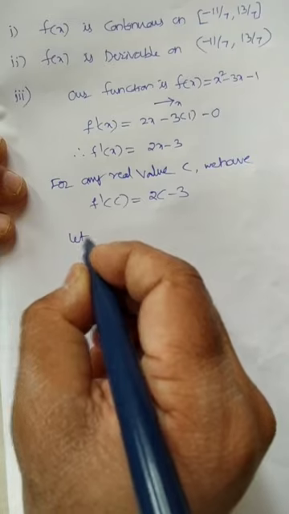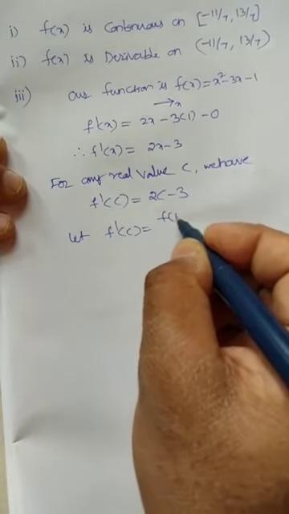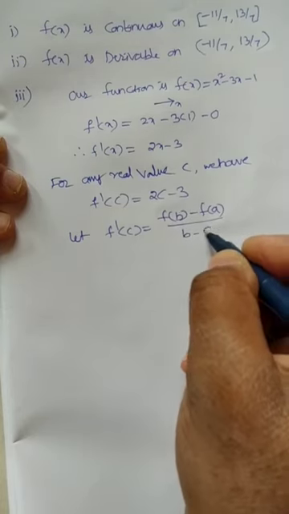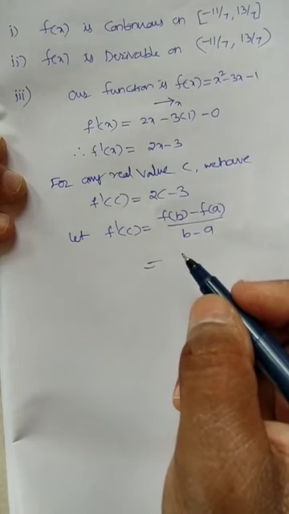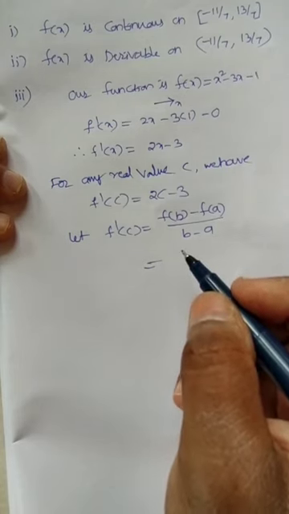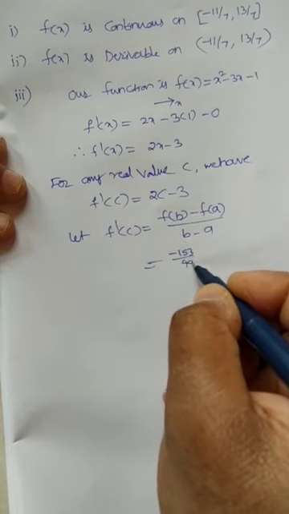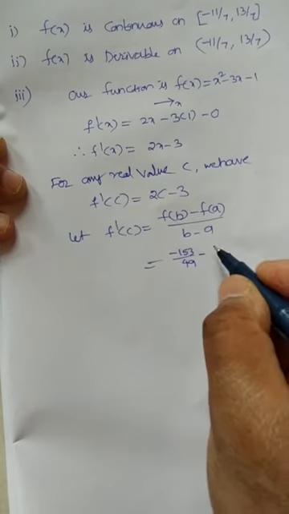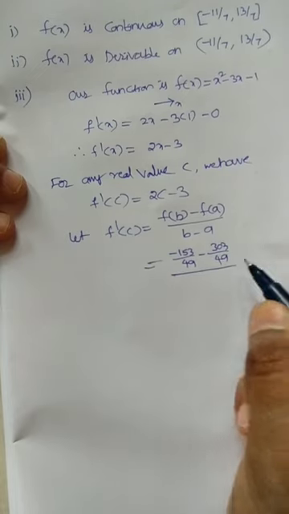Let us take f dash of c equal to f of b minus f of a by b minus a. So what is the f of b value I got now? f of b value I got is minus 153 by 49 minus f of a, which is 303 by 49, by b minus a.